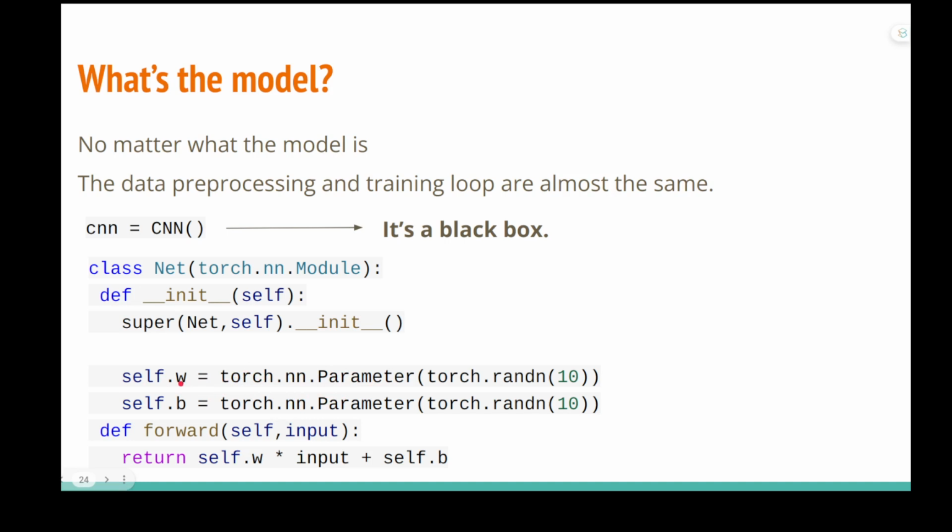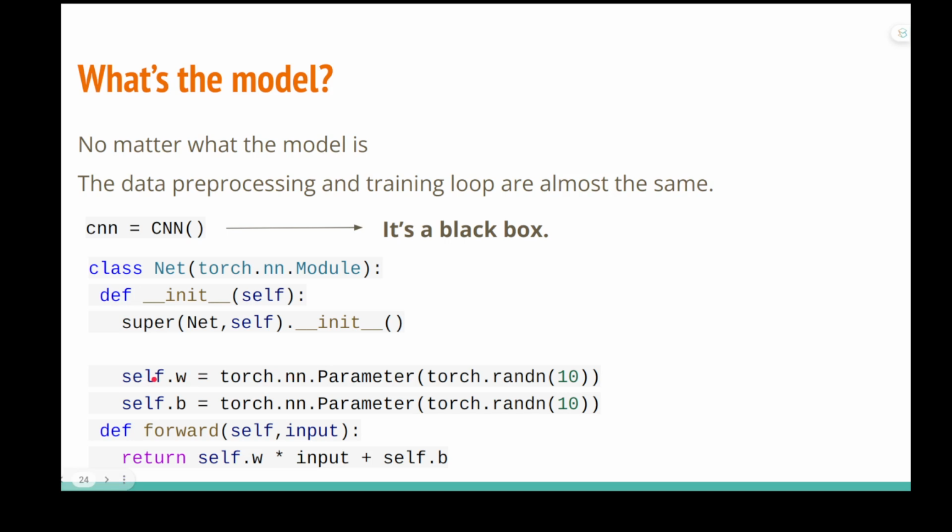So for example here, we set self.w equal to this. This is really important: after you create the parameters, you need to store them inside some property of the model, directly or indirectly.